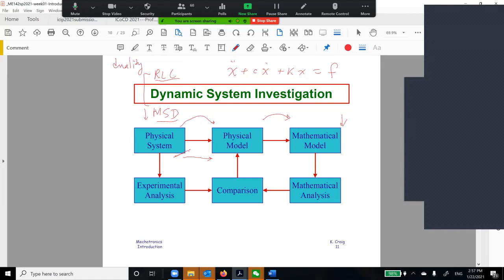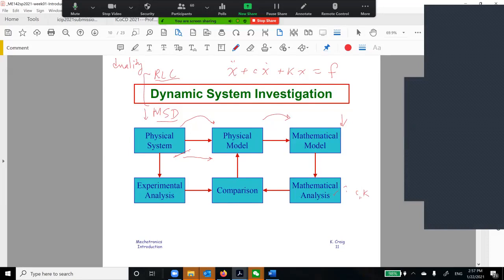So we need to go through all of this. Okay, so you build the mathematical model, and you do some analysis. What kind of analysis? I want to understand when the coefficients c and k will be configured such that the system is a non-decaying oscillator, so that it's always oscillating.